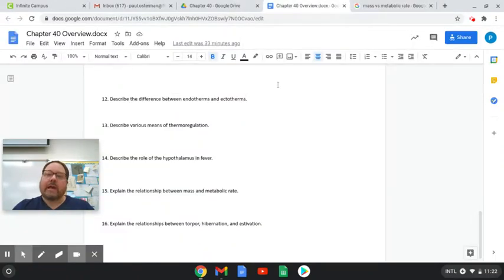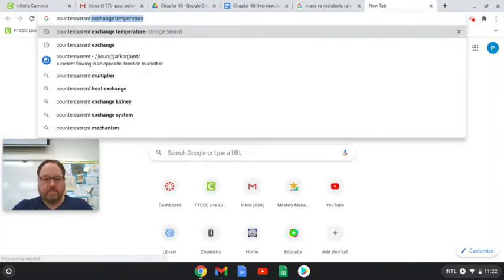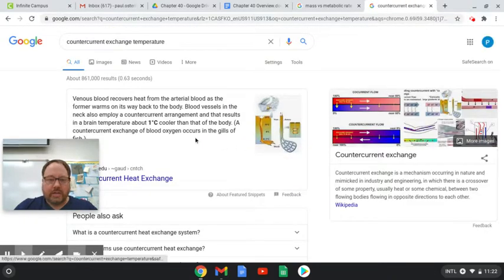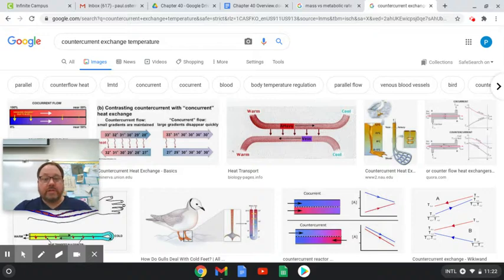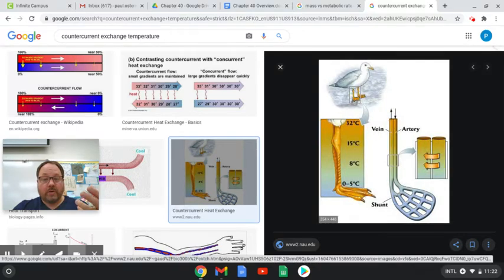What else? Oh, countercurrent exchange is an interesting one. If we look at countercurrent exchange and temperature, arteries carry blood from the heart, so that tends to be deeper in the body, and so that's warmer. And then veins travel near the surface, so they tend to be a little cooler. So what happens is arteries and veins tend to run in opposite directions right next to one another.